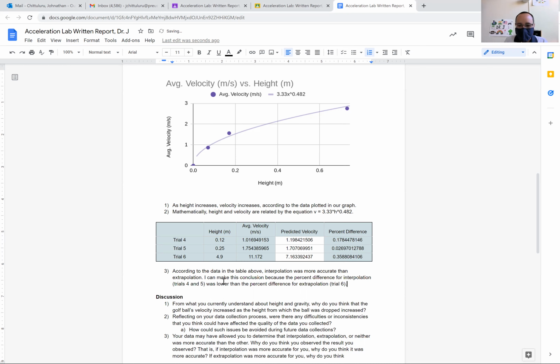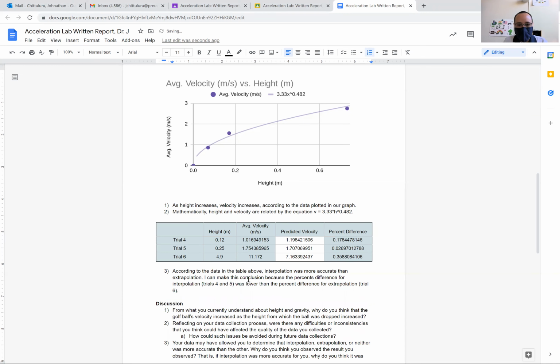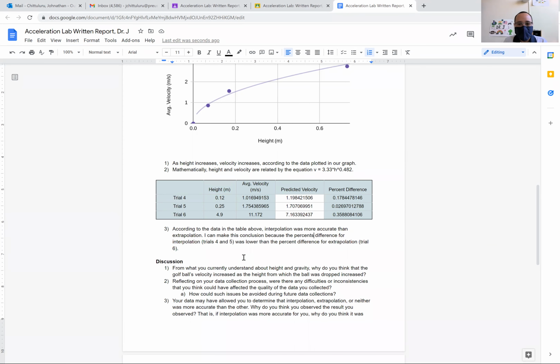And I should say the percent difference for interpolation, because there are 2% difference, 1% here, 1% there. Okay, so there we go.